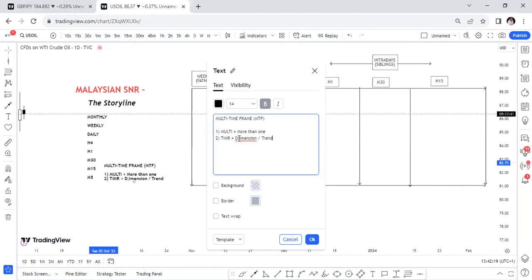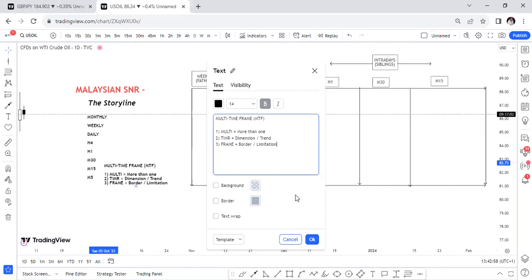Then frame. Frame means the borderline, or the limitation, the borderline limitation that you want to look at. So that's what we mean by multi-time frame.